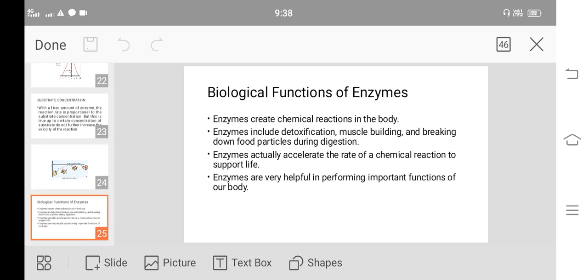Next one, biological functions of enzymes. The basic biological function is that enzymes are involved in biocatalytic chemical reactions in living things, especially in the body. Enzyme functions include detoxification, muscle building, and breaking down food particles during digestion.